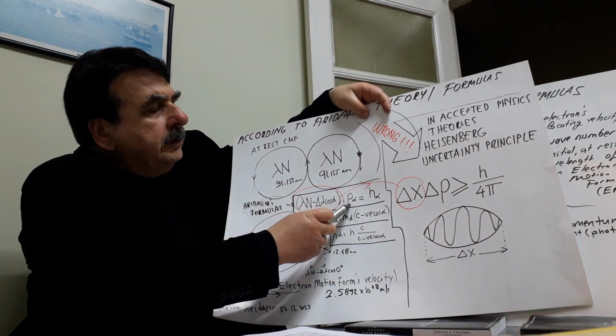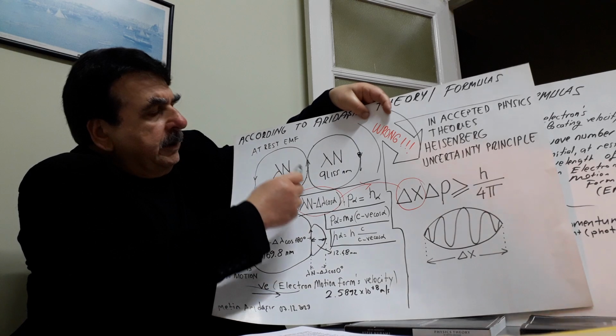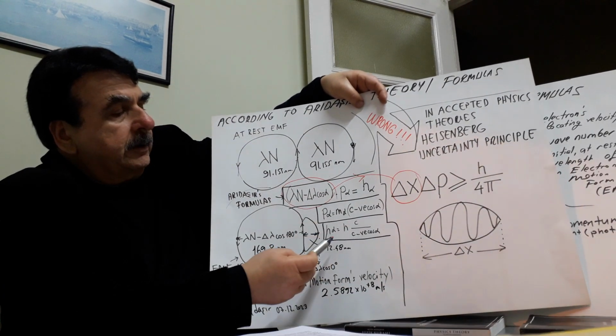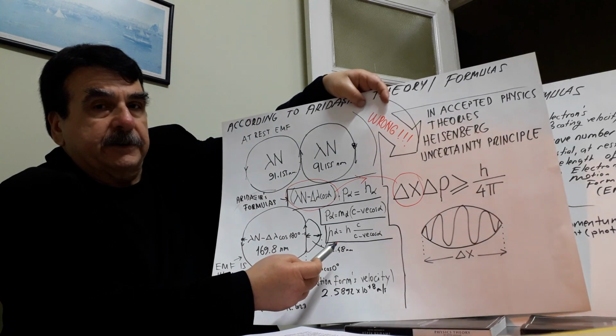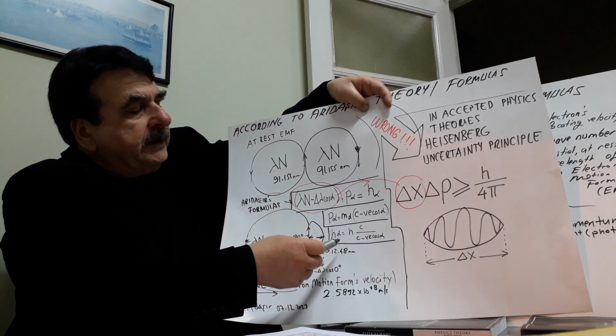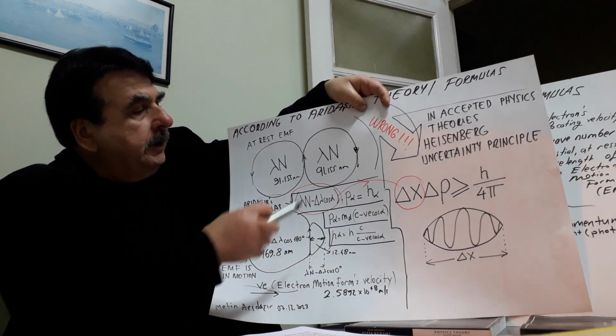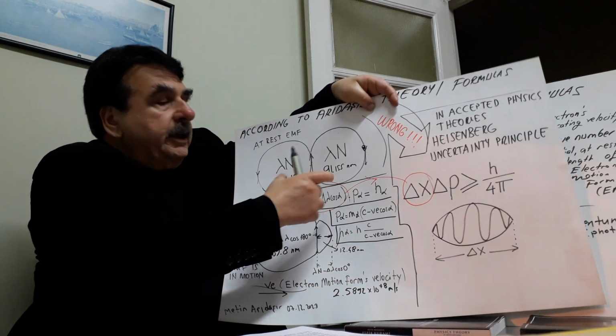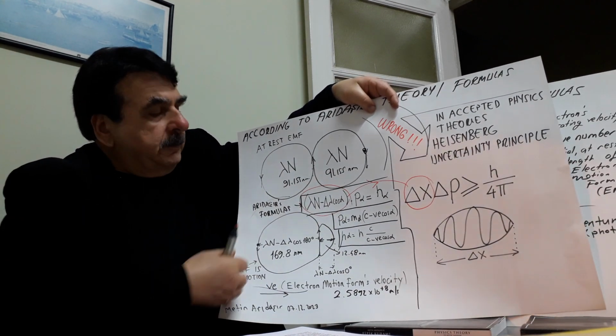Here, momentum. There are some of my formulas. Here, variable Planck's constant. The angular momentum of a photon is Planck's constant, as I told you before. Here, at rest, not relocating electron motion form.